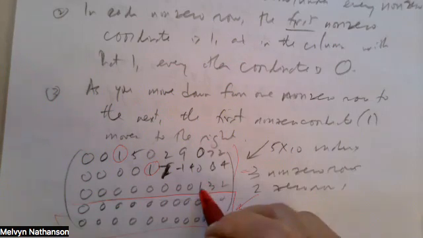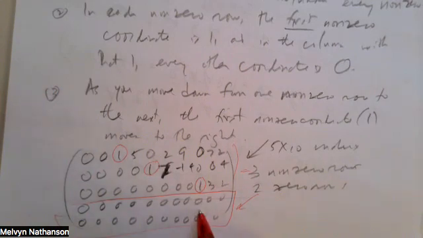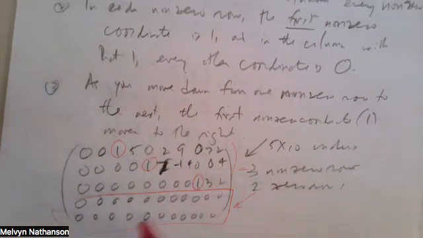In the third row, the first non-zero element is a 1. In that column, above and below it are only zeros. When you go from row 2 to row 3, that first non-zero coordinate has moved to the right. The other coordinates can be anything at all. So this is a matrix in reduced row echelon form.